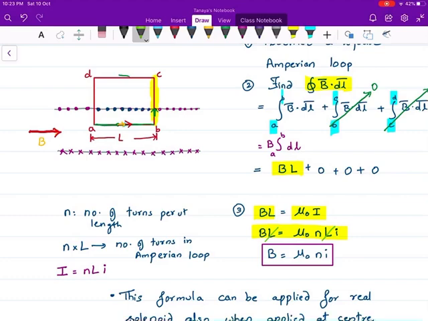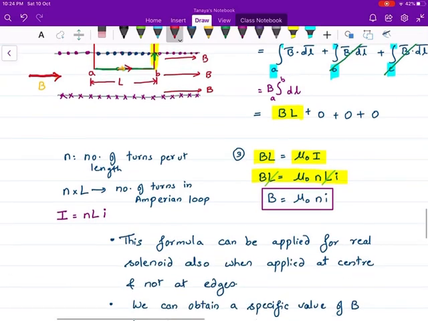So what does that mean? Again, it proves that throughout the solenoid, the magnetic field value is same. Whether you are taking the magnetic field closer to this or at the center or at the edge over here, everywhere magnetic field is having the same value. Implies magnetic field is uniform inside a solenoid.